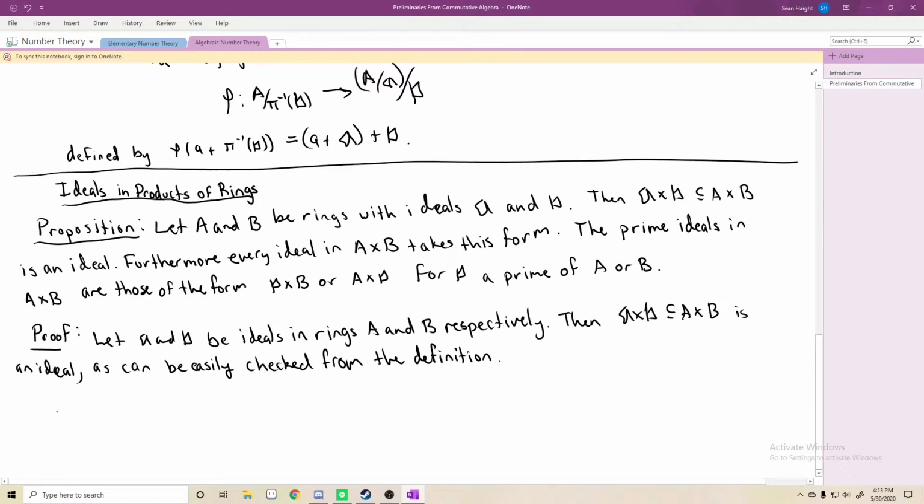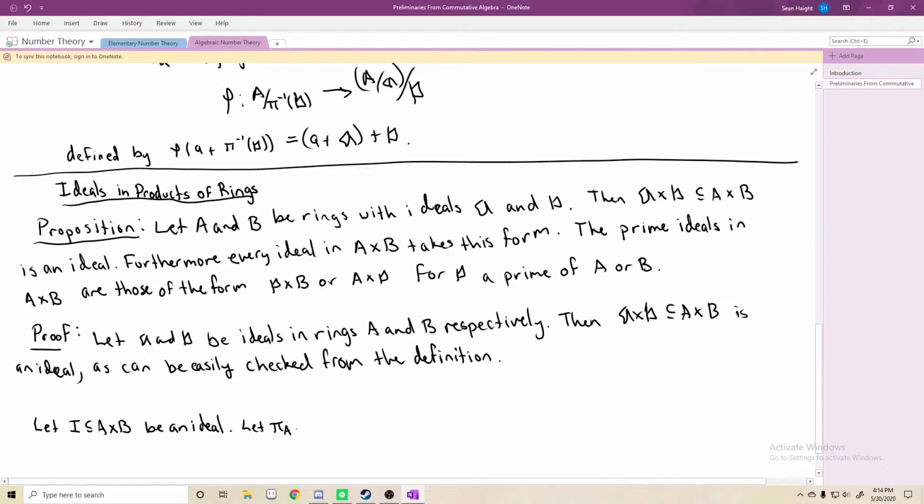Okay. The second claim is every ideal in A cross B takes this form. I'll say a little bit more about this one. So now let I be an ideal in A cross B. I want to write I as a product of an ideal in A and an ideal in B, so I need a candidate for these two ideals that I'm going to take the product of. The candidate can be constructed as follows.